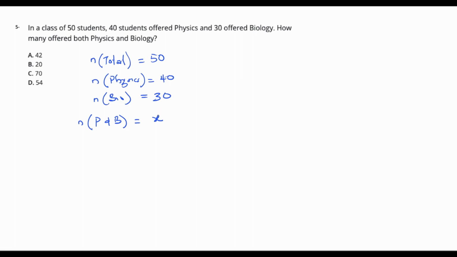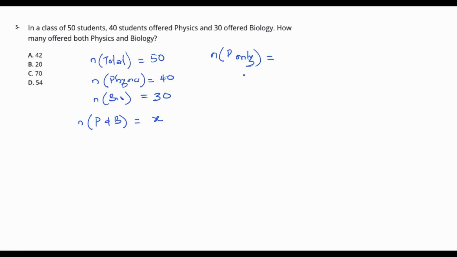Let's assume X. If we want to know the pupils that offer physics only, we're going to subtract from everybody that offers physics those that offer both subjects.